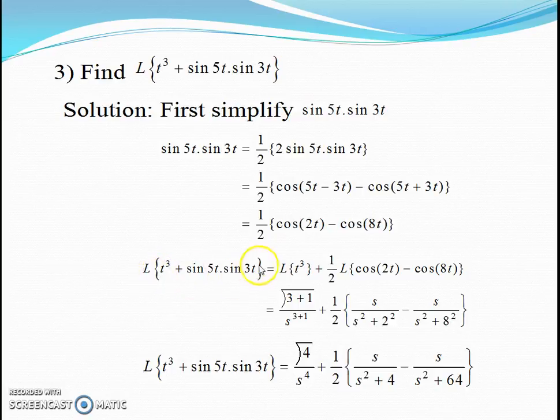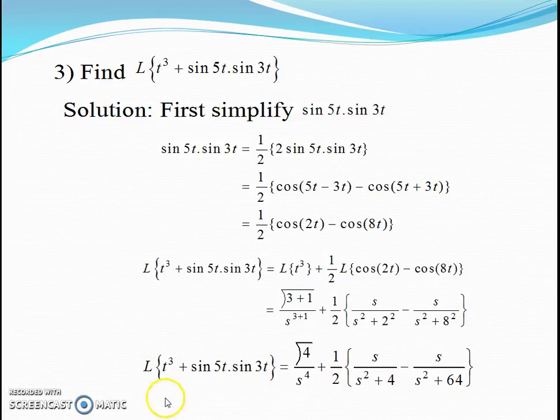Therefore, Laplace transform of the given example equals Laplace of t cube plus 1 by 2 Laplace of cos 2t minus cos of 8t. Now separate the L operator for each term in the bracket. Then Laplace transform of the given example equals Laplace transform of t cube is gamma of 3 plus 1 upon s raised to 3 plus 1, plus 1 by 2 in bracket Laplace of cos 2t is s upon s square plus 2 square minus Laplace of cos 8t is s upon s square plus 8 square.